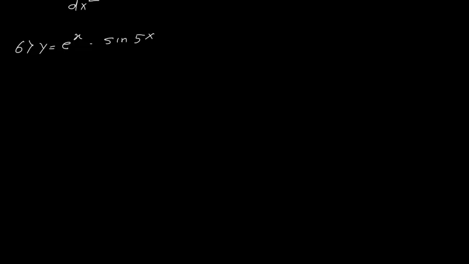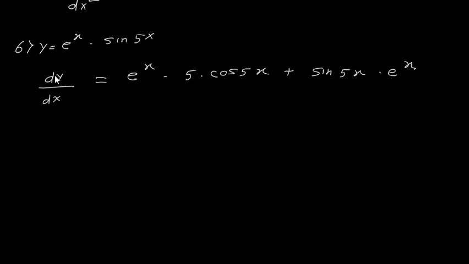y is equal to e power x into sin 5x. Its derivative dy upon dx is equal to, we use u into v. So e power x into the derivative of sin 5x, which is 5 into cos 5x, plus sin 5x and the derivative of e power x, which is e power x.